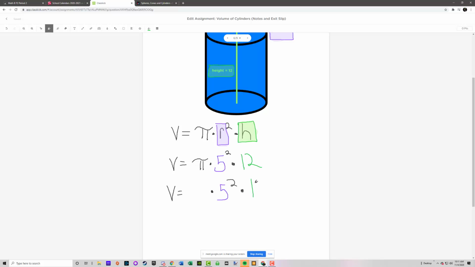Does anybody remember what value we plug in for pi? It's been a while, I'm sure.